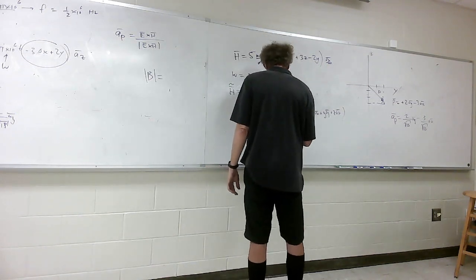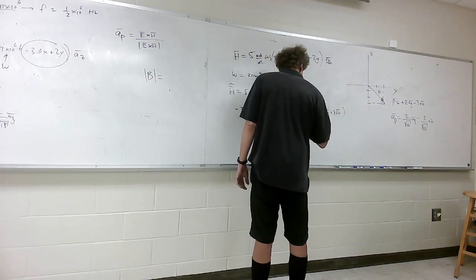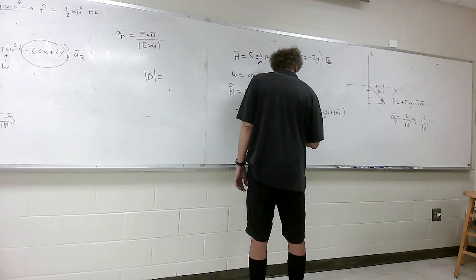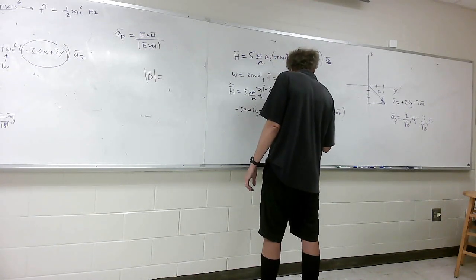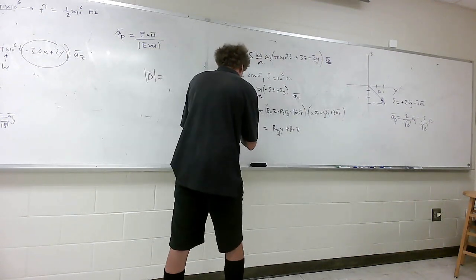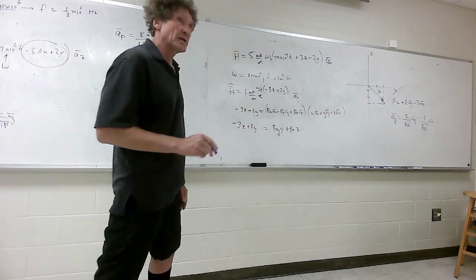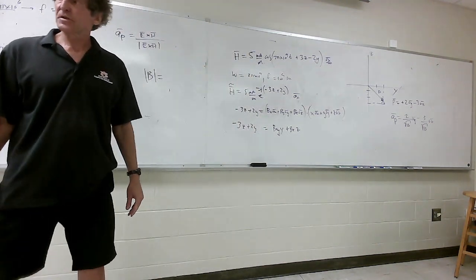Next, we have beta y ay, so it's beta y times y, and then plus beta z times z, which is equal to minus 3z plus 2y. Can you all follow me on this? You with me?